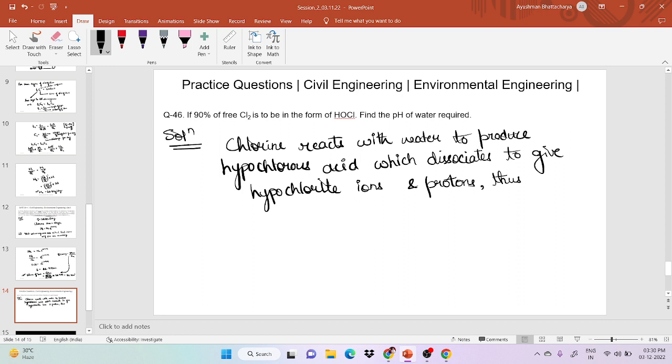Thus, we can write it as HOCl giving H plus and OCl minus.